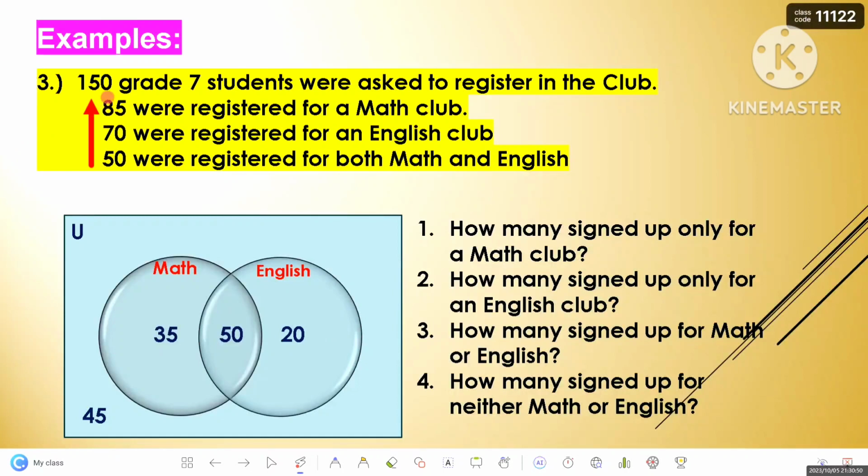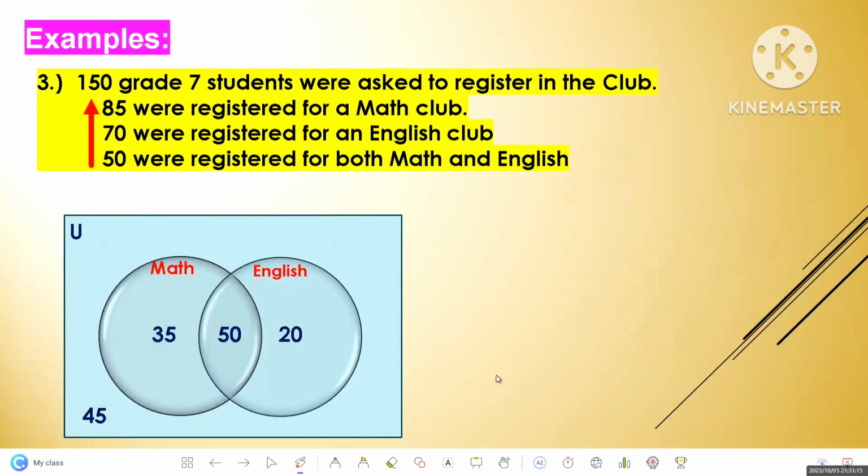Kasi 150 minus the total of these three, 105, we get the difference of 45. Meaning, ito ang natitira na hindi nag-register sa math at English. Now, since we have this already, the Venn diagram, let's answer these 4 questions.